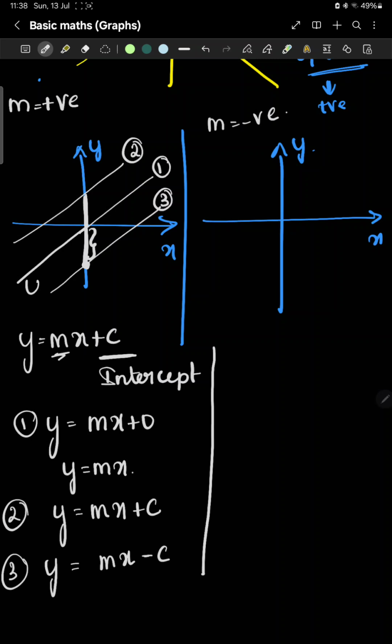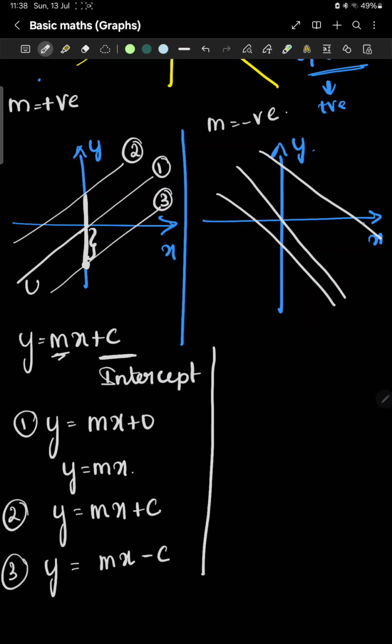Either the line can pass through the origin, or here, or here.